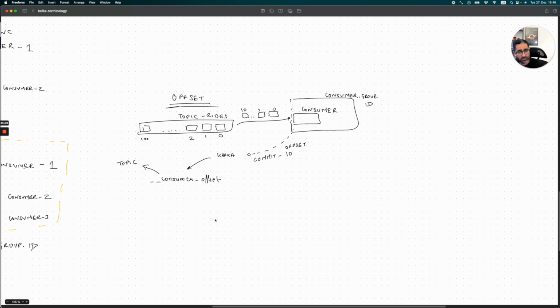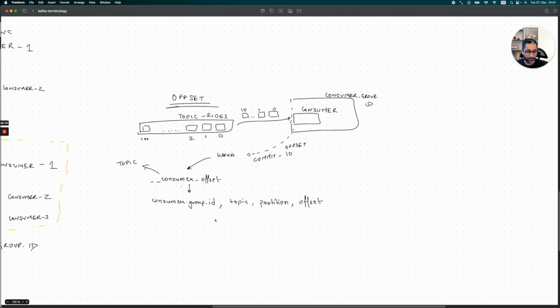So how does it look inside the consumer offset? Basically, it's something like your consumer group ID, comma, topic, comma, partition, because we know that different consumers can consume from different partitions, and which offset it has already committed.